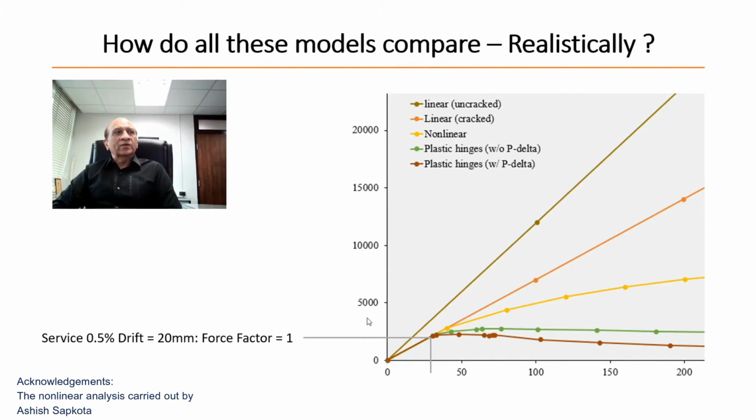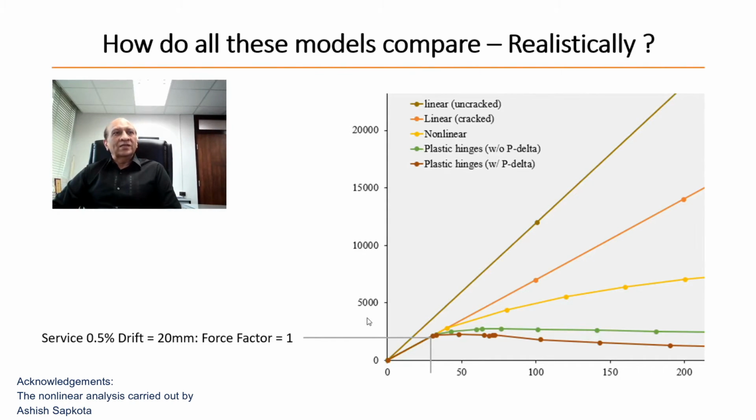First of all, let's look at the serviceability conditions. A lot of people will consider a drift of 0.5%, which is h over 200 roughly, to be a limit, and that will give us a displacement of 20 millimeter. So if you compare the force capacities at 20 millimeter displacement, you will find that more or less all of the models are giving us the same value.